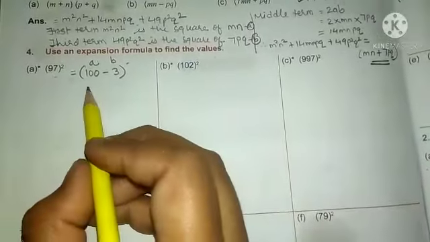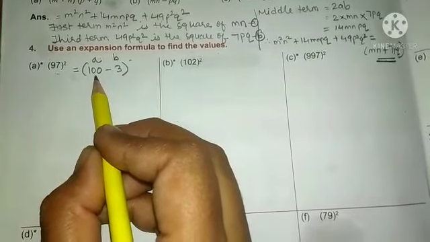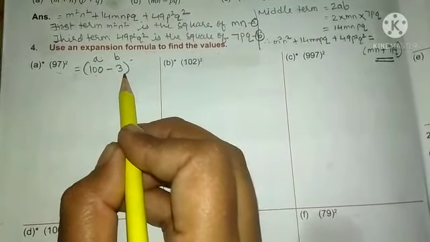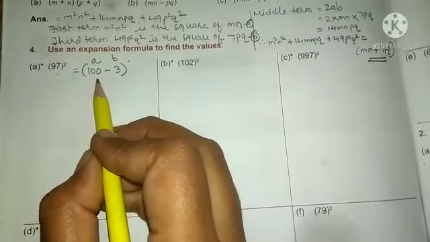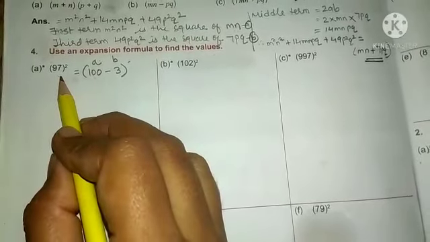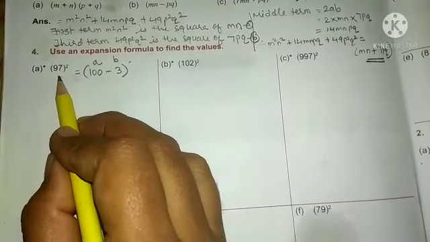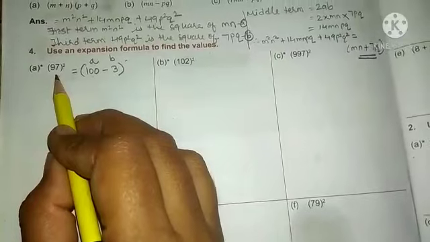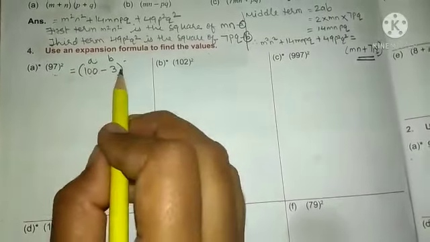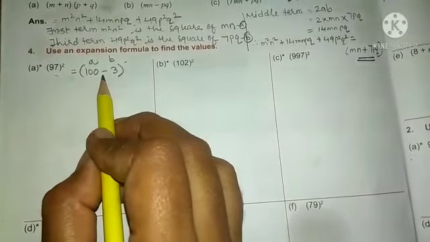Means in the formula, wherever it is A, there you have to use 100, and wherever it is B, you have to use 3. Clear how I had removed this A and B from this 97? What you have to do is, you have to make this 97 as your round figure. So when you are making your number as your round figure, that time you have to use this subtraction sign.